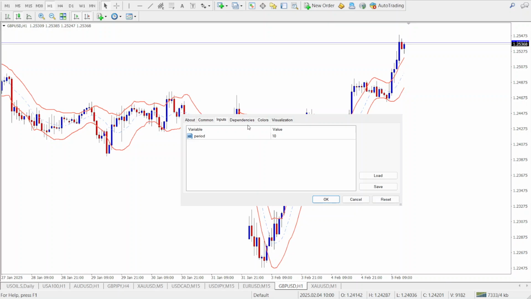Let's just go to input. So you can see that it is usually an EMA that has a specific value, a period used for the calculation. You can actually modify the period, depending on your trading style. You can actually set what value the indicator should use to make its calculations.